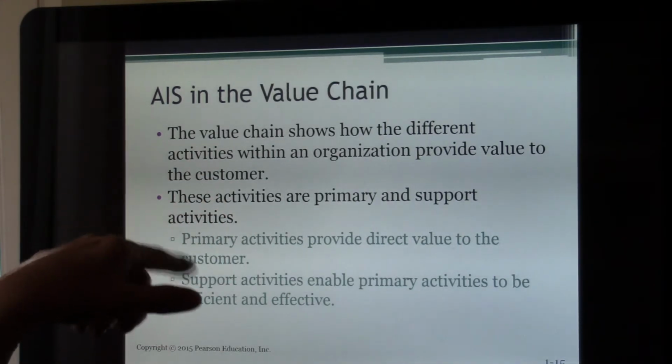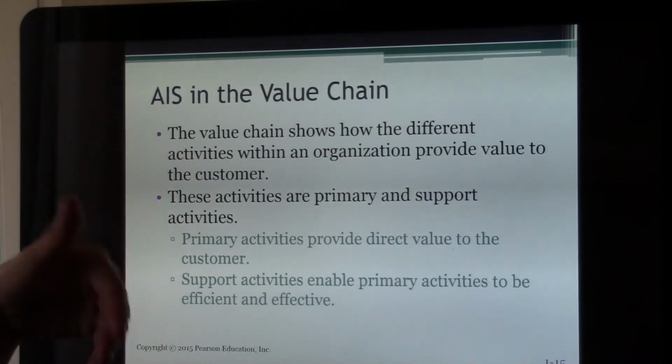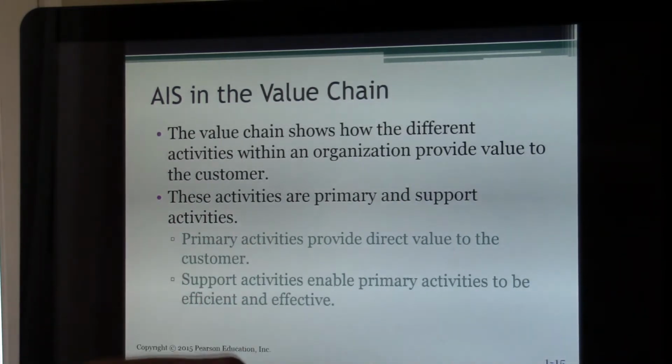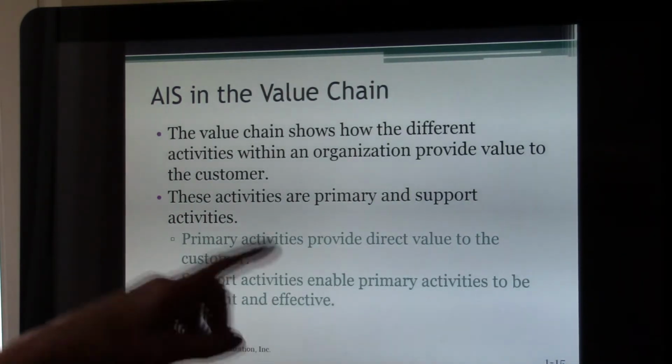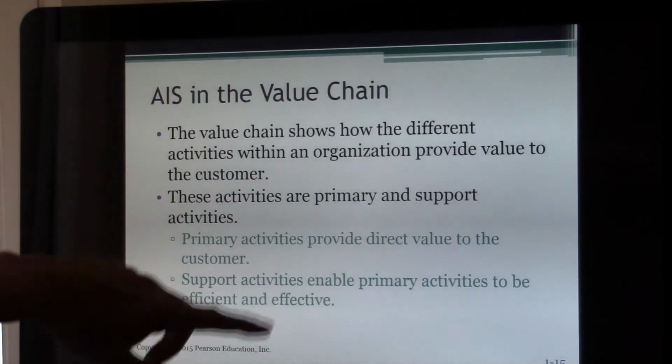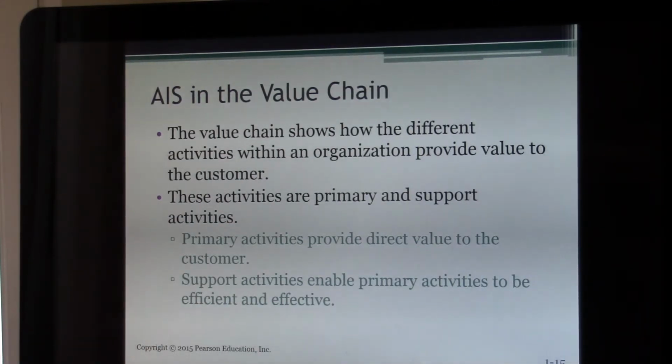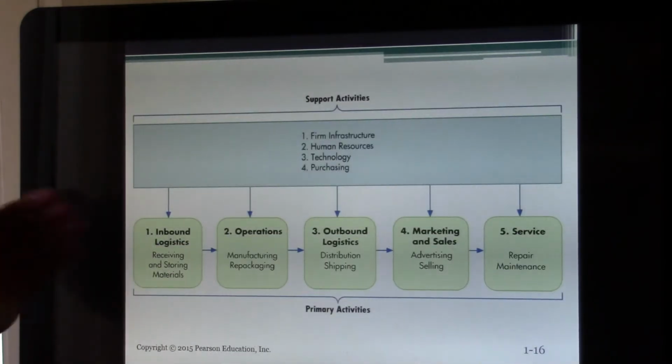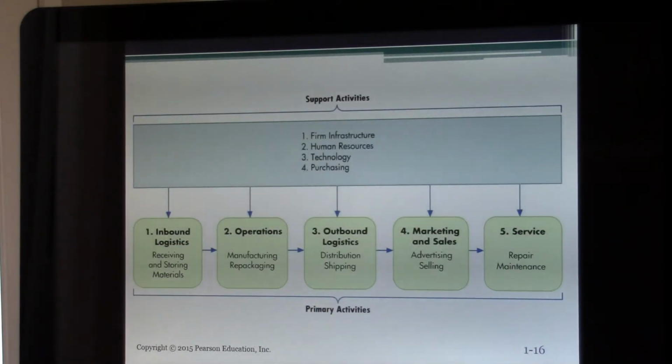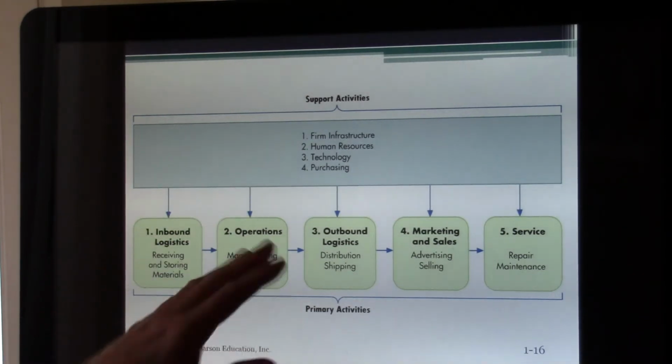All right, so primary activities add value, and support activities allow primary activities to be efficient and effective. So your information system has to take into consideration our value chain, right? How are we receiving and storing materials? How are we manufacturing or repackaging?